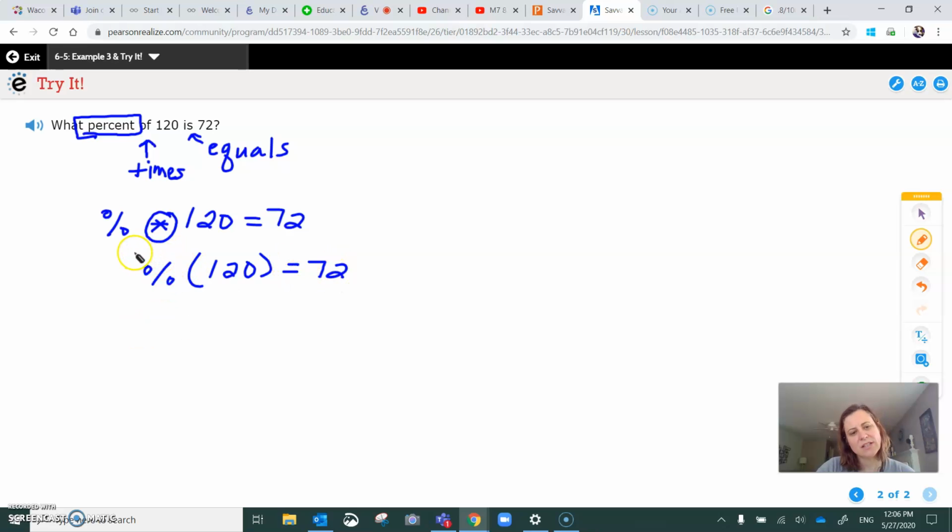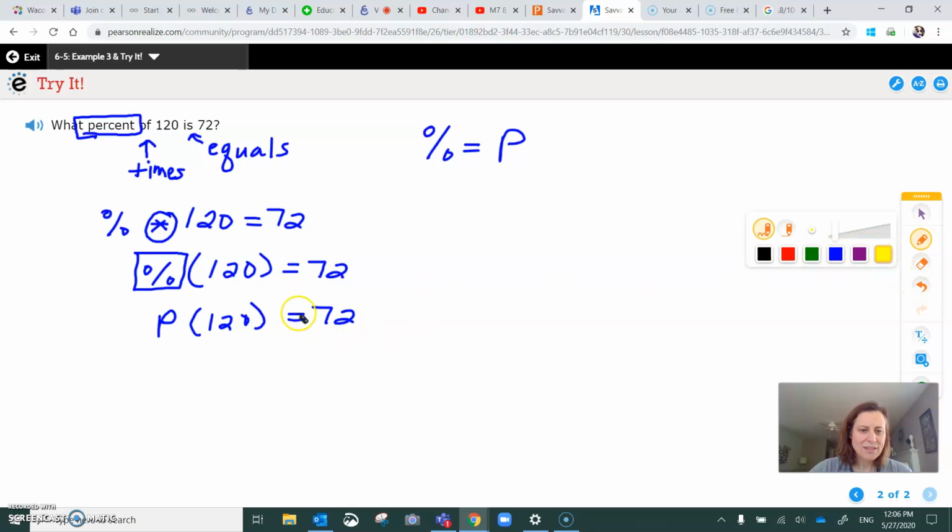And the percentage, I don't like using the percent symbol like that, so instead for percent, I'm going to use the letter P. So what percent of 120 is 72? The way that they're showing you to solve this is perplexing to me because I don't know that we've really discussed how to do this in class, but here's the deal.